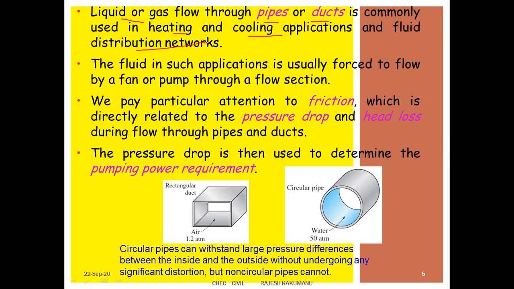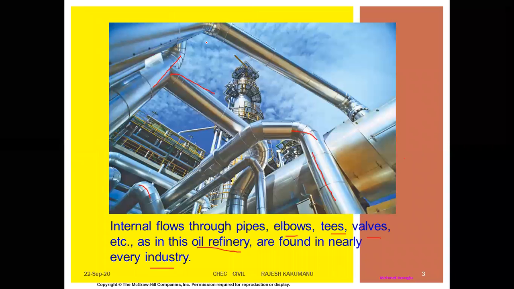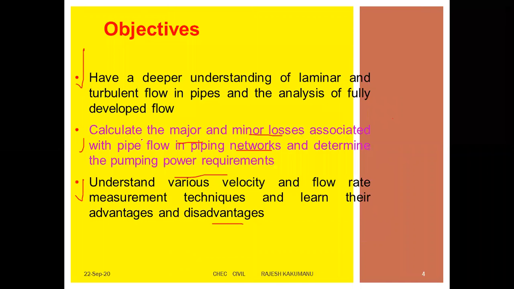Generally gases will not go in open channels, only in pipes. Whereas liquid flowing in pipes or ducts is commonly used for what? Cooling and heating applications, and fluid distribution networks. The fluid distribution network means how the fluid is distributed to various pipes, to various departments. Okay, next.